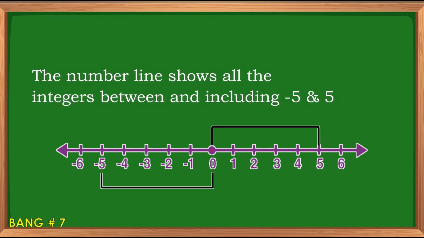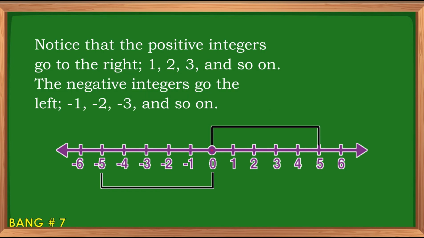The number line shows all the integers between and including -5 and 5. Notice that the positive integers go to the right, 1, 2, 3, and so on. The negative integers go to the left, -1, -2, -3, and so on.